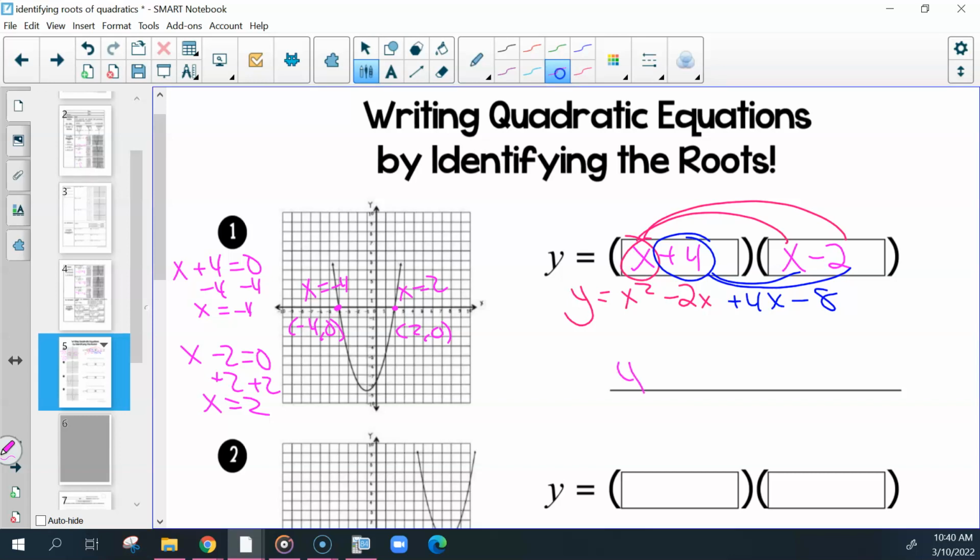So y equals x squared plus 2x minus 8. If we put this or both in our calculator and graph it, it would match this. They would also overlap if you put both in.